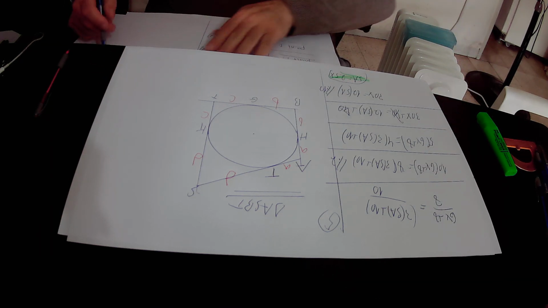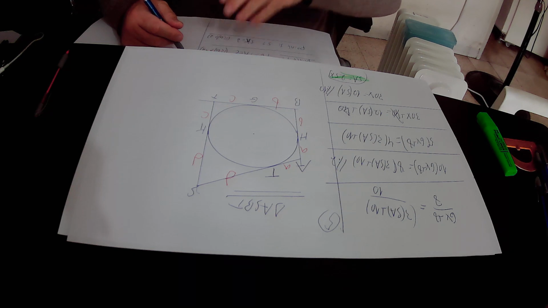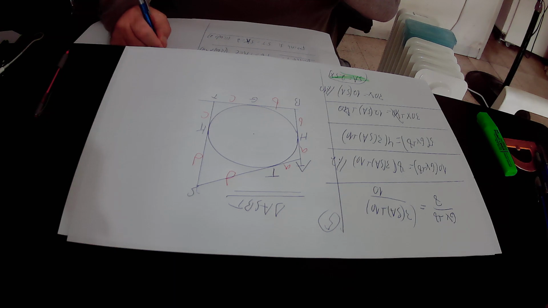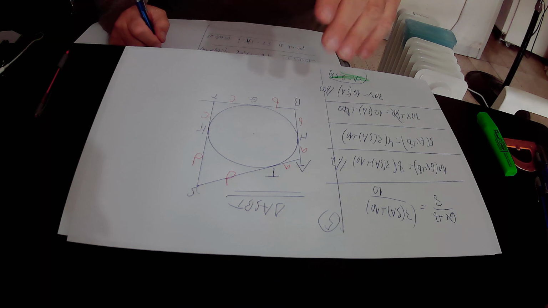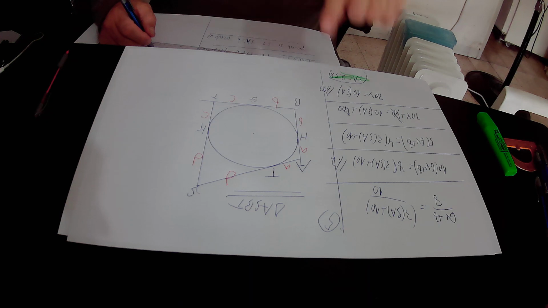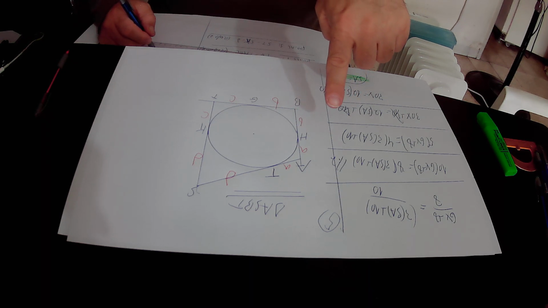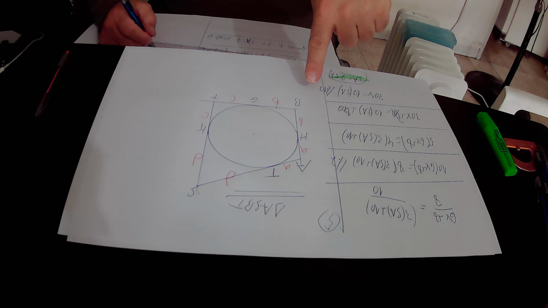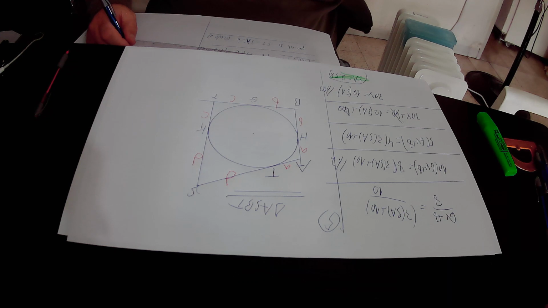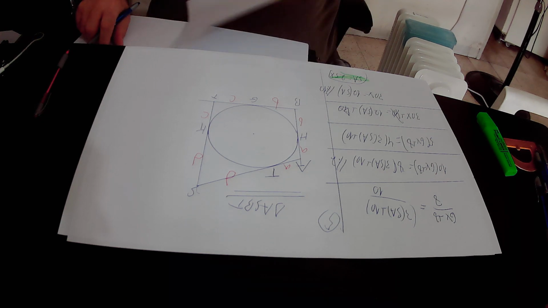In the next step, we will add side AS to side BT in this quadrilateral ASBT. It is very easy to see from the drawing that AS plus BT equals in total A plus B plus C plus D. Repeat again.